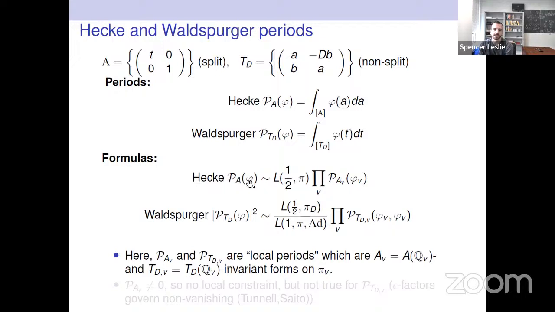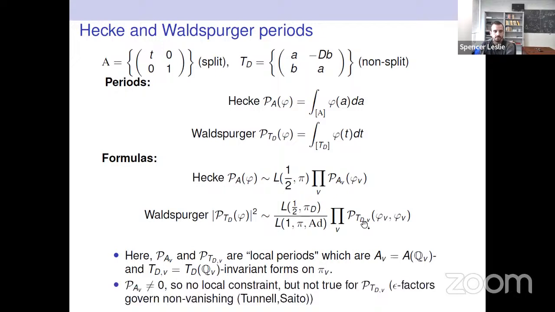And so the point here is that in both cases, you see something that looks like it breaks the problem into a global and a local problem. Namely, this period is non-vanishing precisely when all the local factors are non-vanishing, and you have the non-vanishing of this L value. And likewise here.